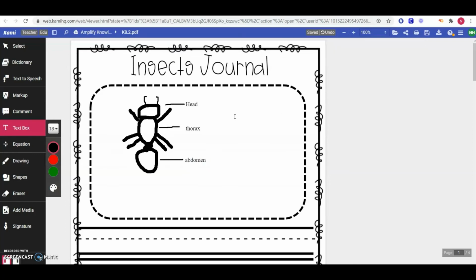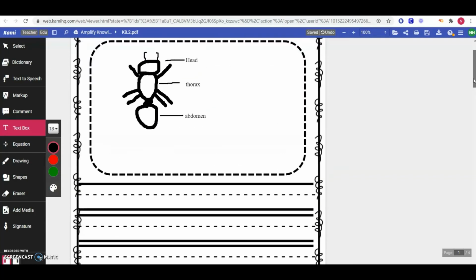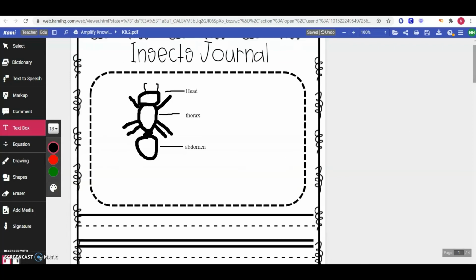When you have labeled all of the parts of whatever insect you've chosen to draw, in the lines underneath, you are going to write 2 or 3 sentences that explain how you know that this animal is an insect. I know that this animal is an insect because it has 3 main body parts, the head, the thorax, and the abdomen.